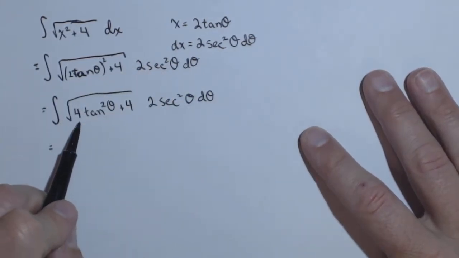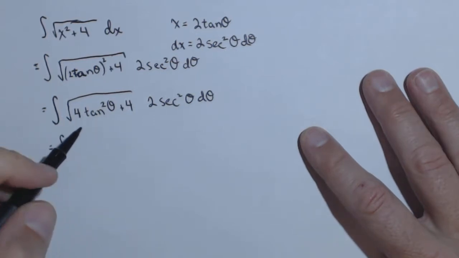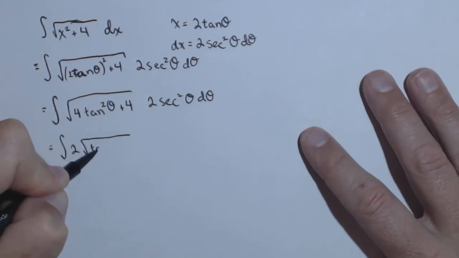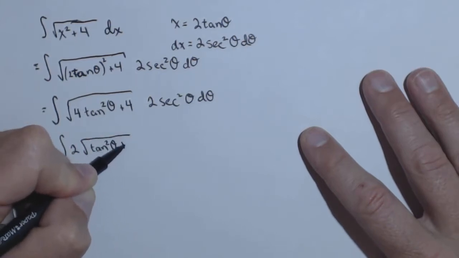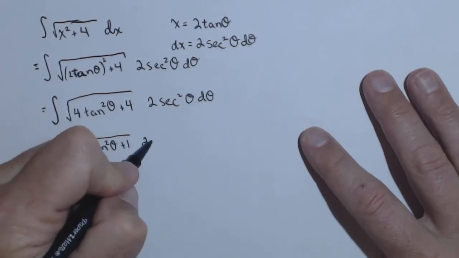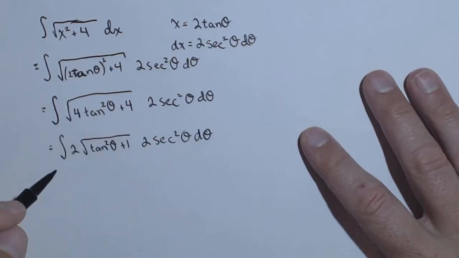And now I can factor a 4 out of here and pull it out of the radical. So I'm going to do that in 2 steps. So I'll have 2 times the square root of tangent squared theta plus 1 from pulling the 4 out and then taking its square root, and then 2 secant squared theta d theta.